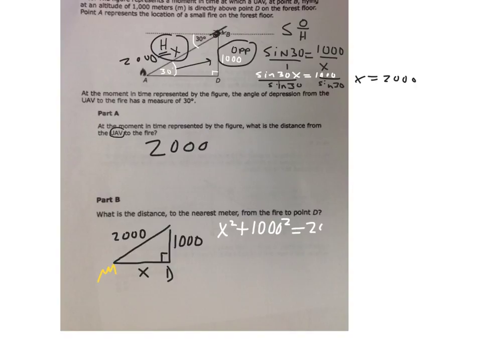Just make sure that you put the hypotenuse as the largest side as C. So 2,000 squared minus 1,000 squared is 3 million.